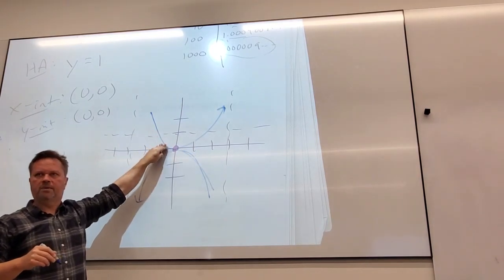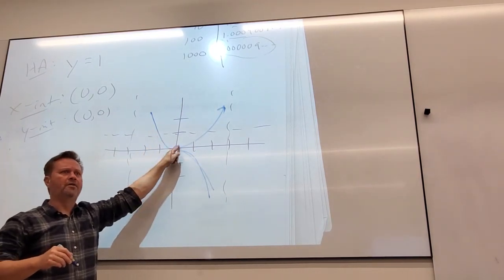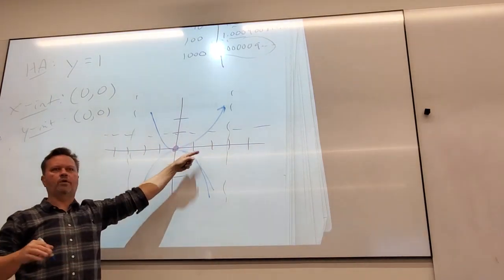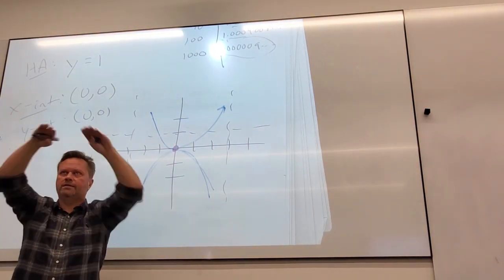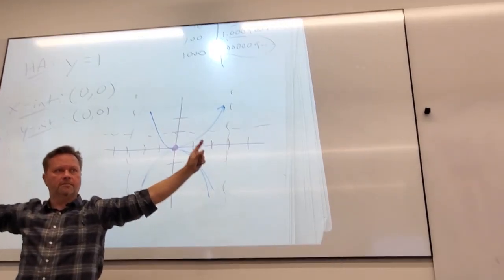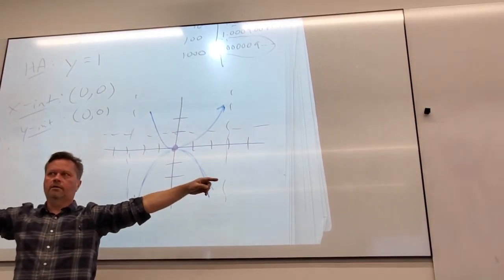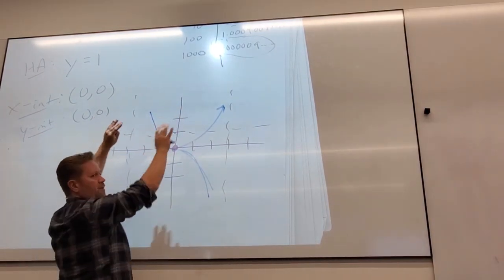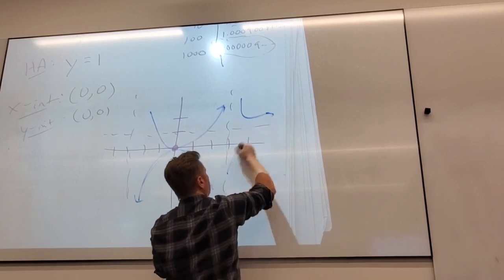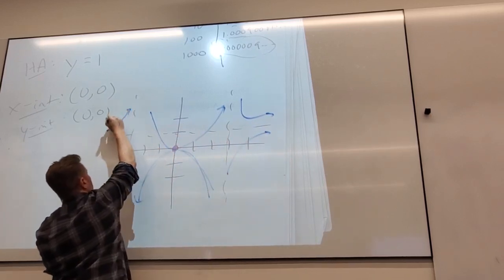No, in the middle x is small, so I can just ignore that, because when does that wall come into play? When x gets really big. Okay. So it could do any of those things. Over here, it could either be up here or down there. Over here, it could either be up here or down there.